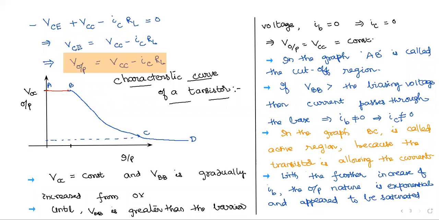That's why, the last point for today, I write here: CD in the graph is the saturation region.